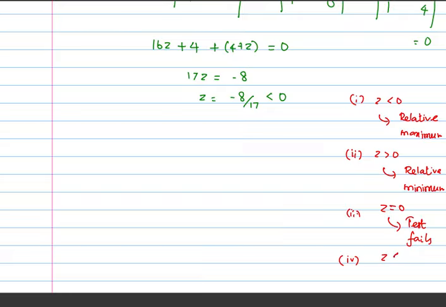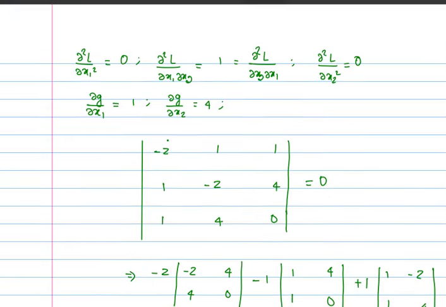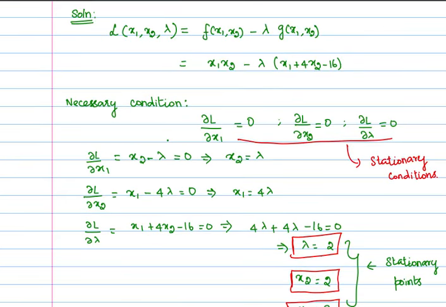If z1 is negative and z2 is positive, we call it a saddle point. So here it is negative, which implies that at the stationary point, the function has a maximum.